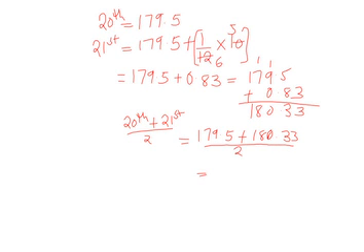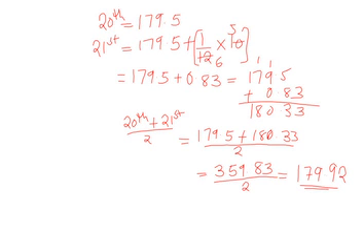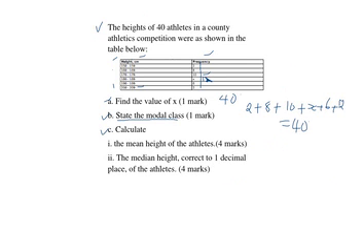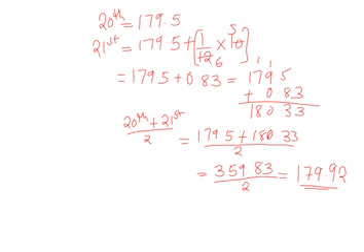This will give us 359.83 divided by 2, which is equal to 179.92. We are told correct to 1 decimal point, so we have to round off our final answer to 1 decimal point, which is 179.9.